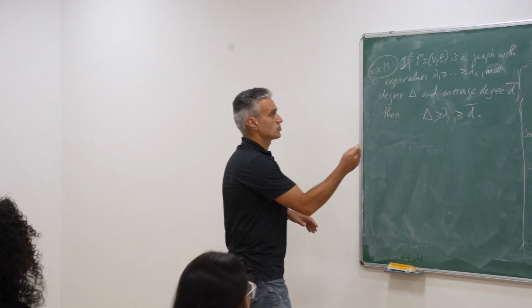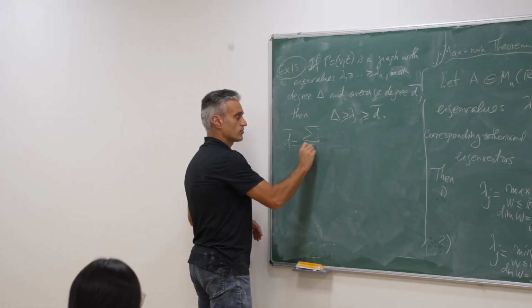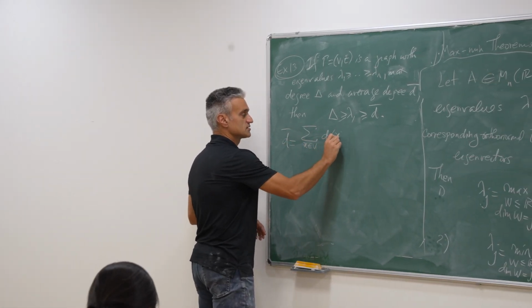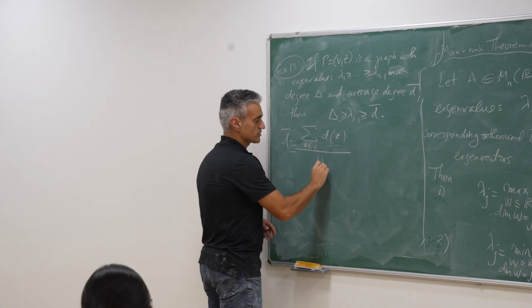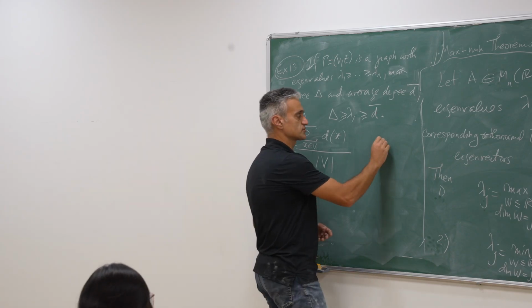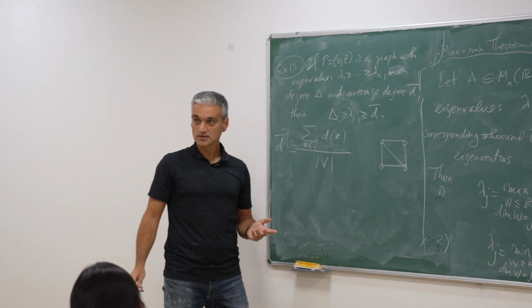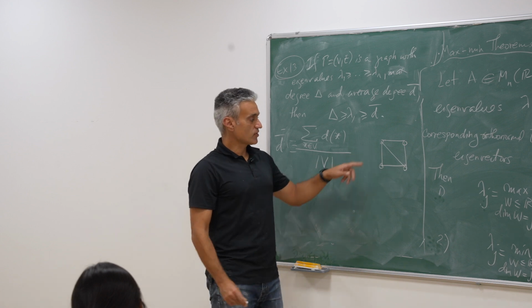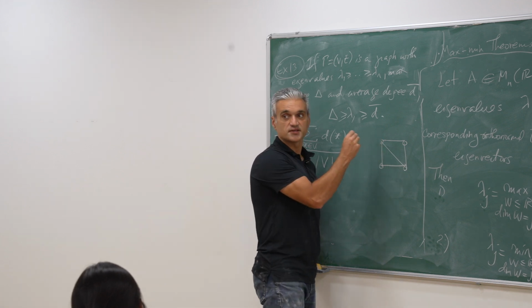Average degree. So the average degree is just the sum: you take all the vertices, sum up their degrees and divide by the cardinality of V. Let's do a simple example. The graph that we did a bit earlier, this one, I'll write the degree on each vertex.